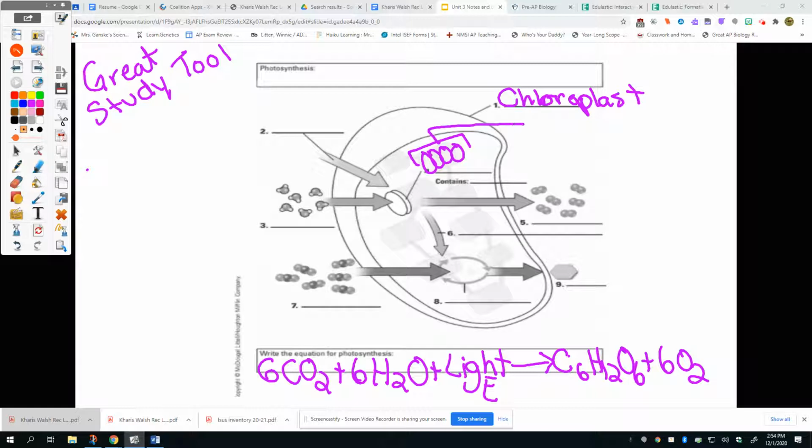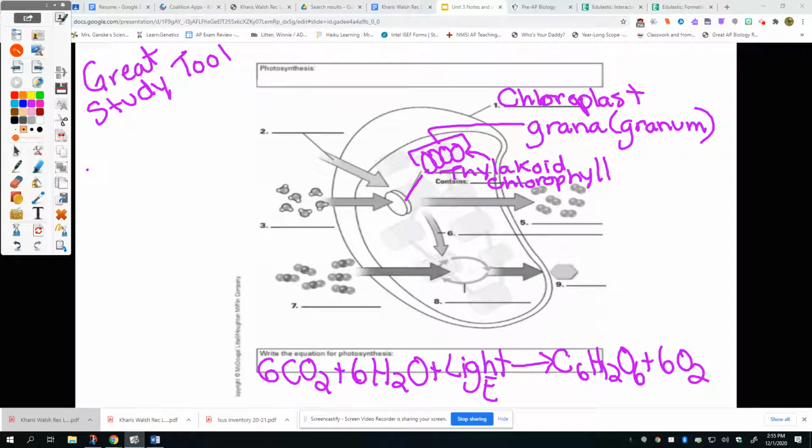Well, these stacks of discs are called grana, or granum is plural. And each of these individual discs here is a thylakoid. And each thylakoid contains chlorophyll, that pigment that makes the chloroplast look green and makes a plant look green.